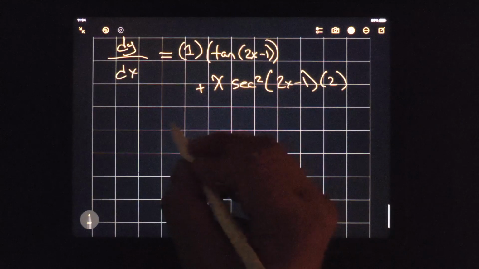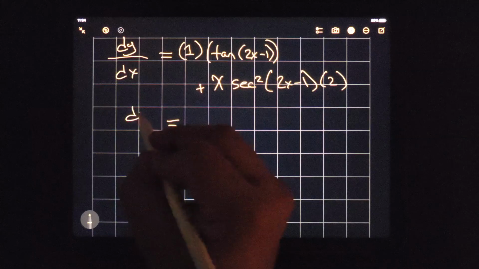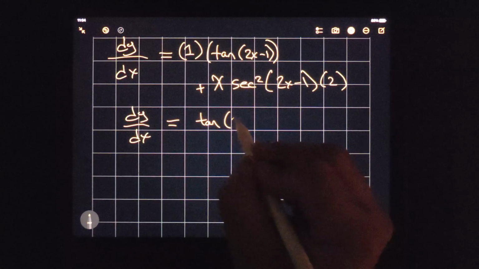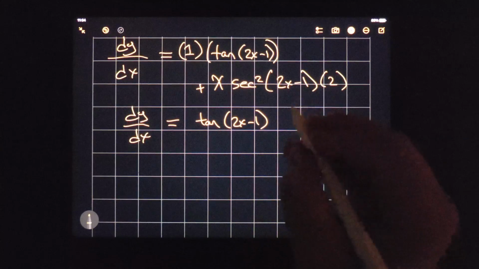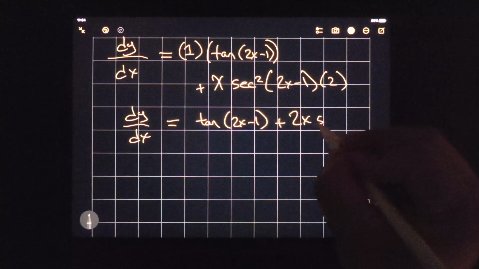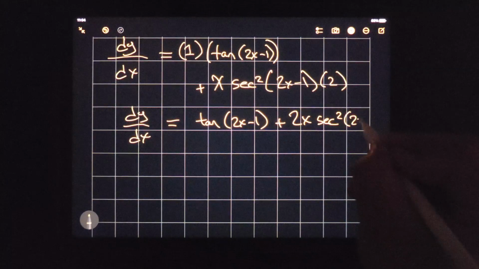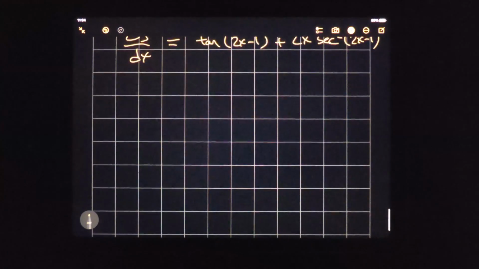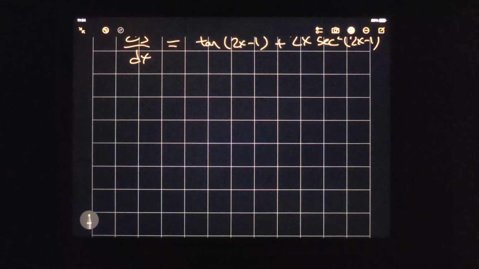So now you can rewrite this as tan of 2x minus 1 plus 2x sec squared of 2x minus 1. And there you go. That's how easy the trig ones are.